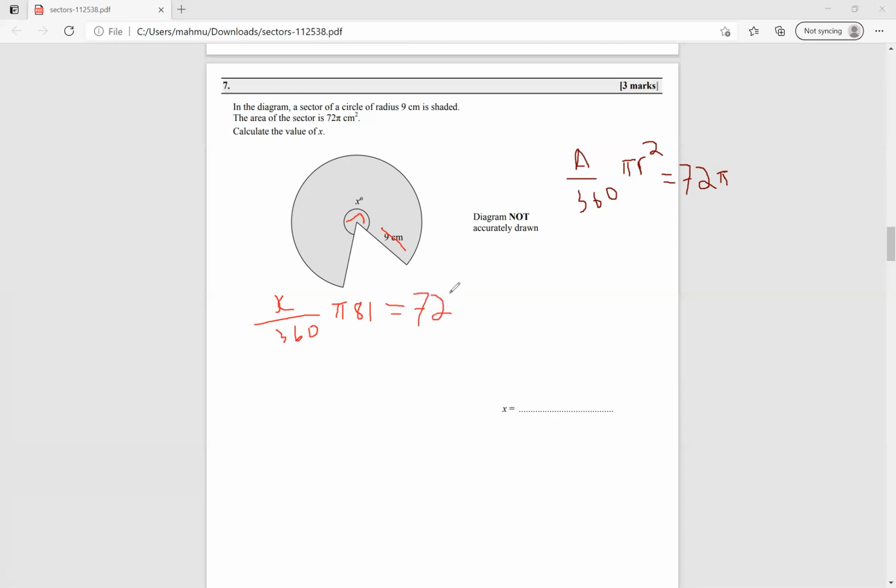That whole thing should equal 72 pi. Now, let's rearrange it. First, I'm going to take the 360 to the other side. So I'm going to have 72 pi times 360, I'm going to put a dot so you understand, and that should equal x on this side, and dot pi 81.